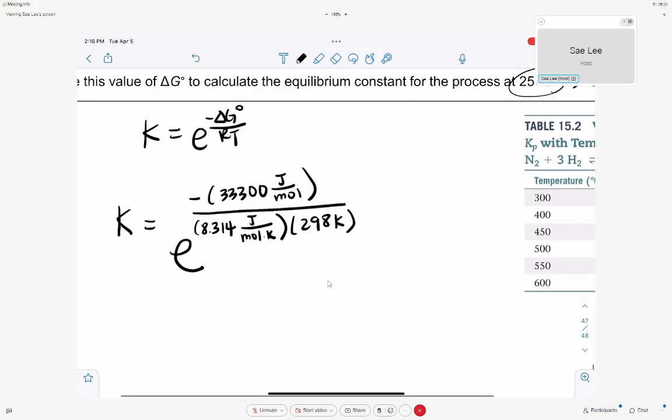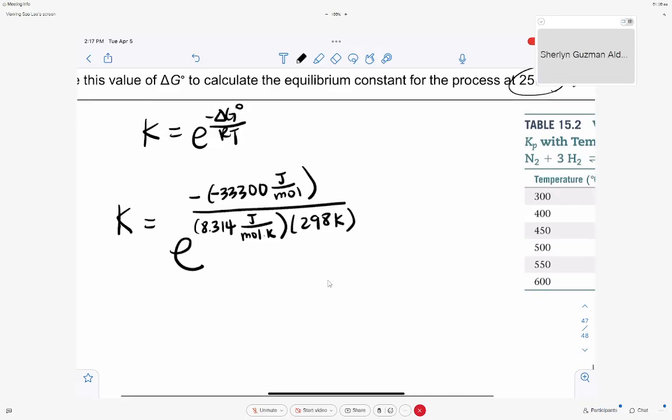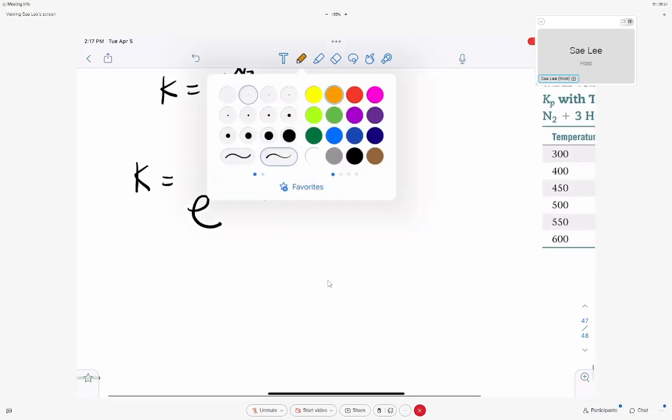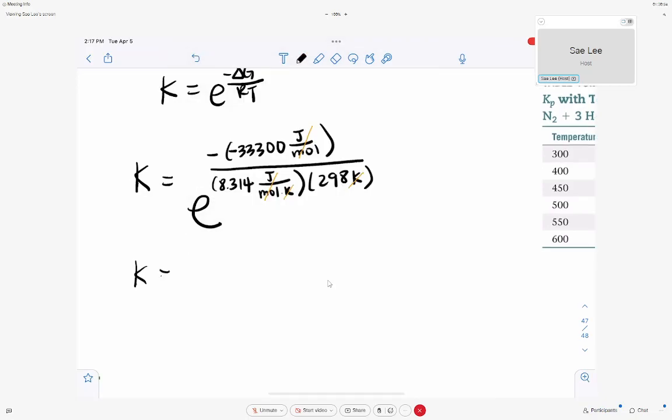Professor, isn't there supposed to be a negative sign next to the 33,300? Oh yeah, my bad. Here. So joule per mole cancels, Kelvin cancels, and you don't have any unit anymore. So K equals e to the power of, if you do all the math, 13.4. That equals 7 times 10 to the 5.